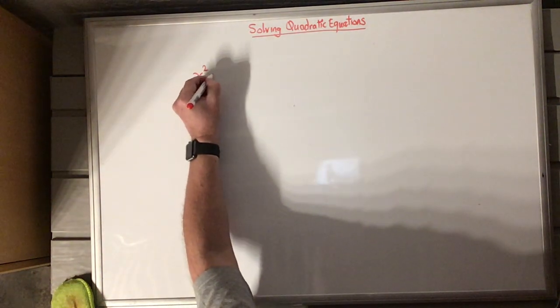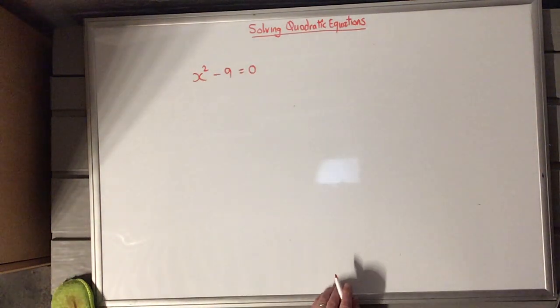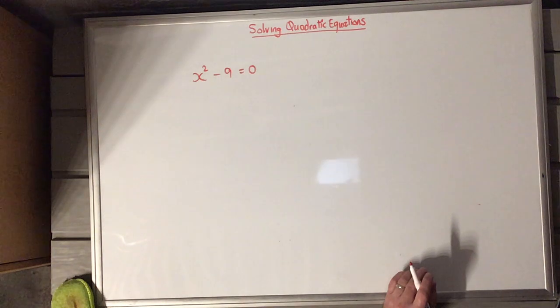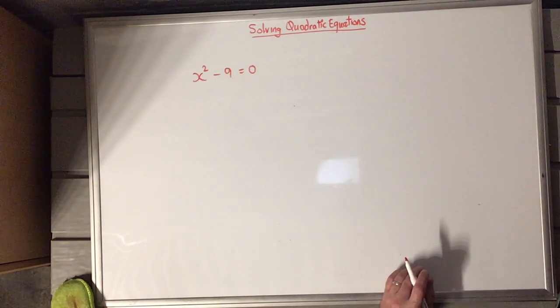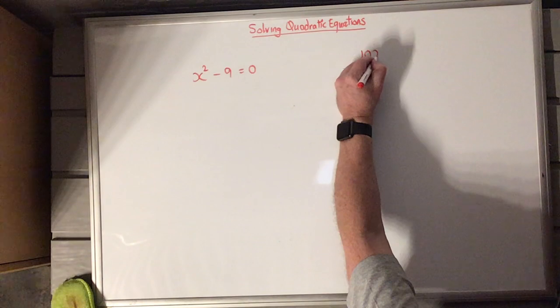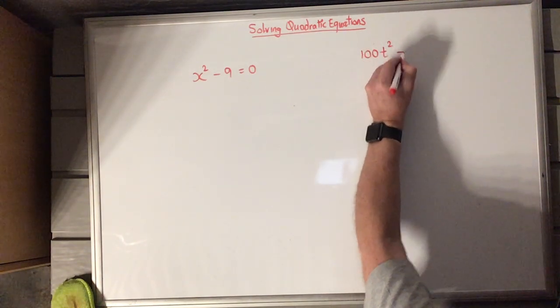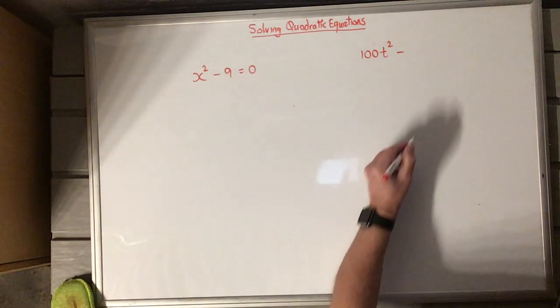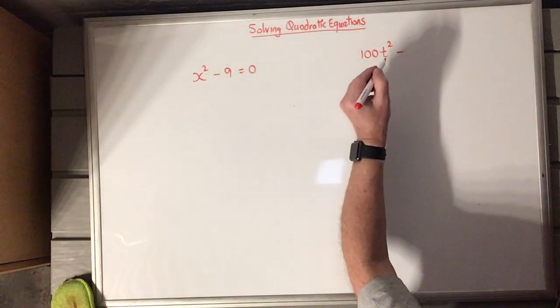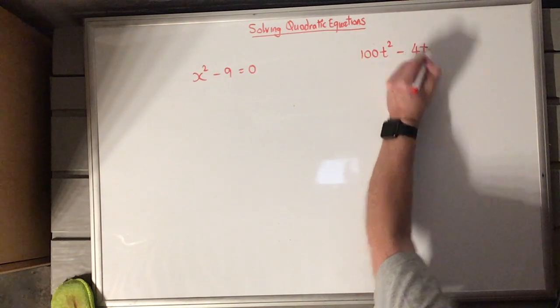x squared minus 9 equal to 0. And I'll just put another one over here at the same time, so we can do two of the same sort of type all at the same time. So the other one would be 100t squared minus, can we make that 4t, something like that?